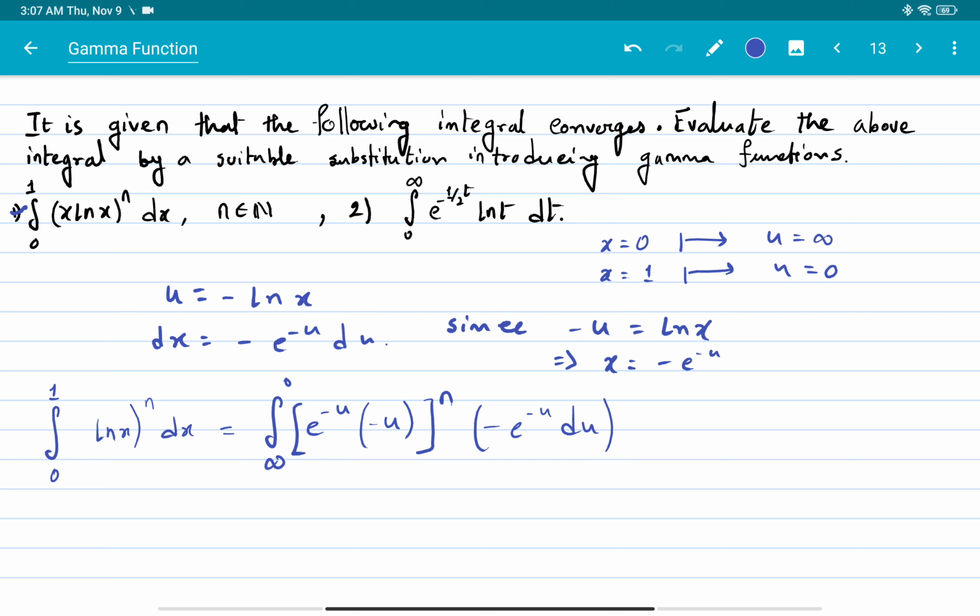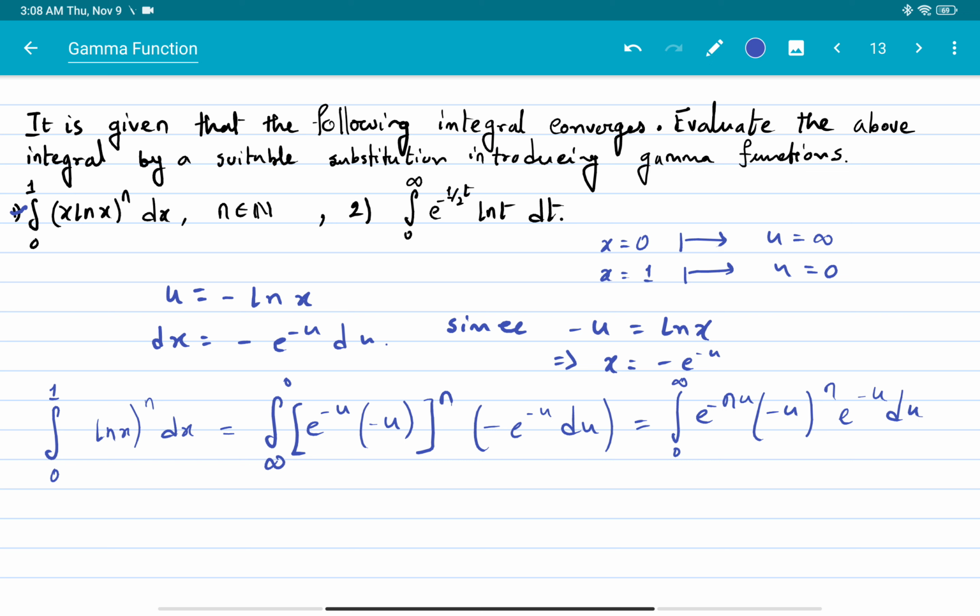So we can write it in the format of integral 0 to infinity e to the power minus n u and minus u to the power n du.